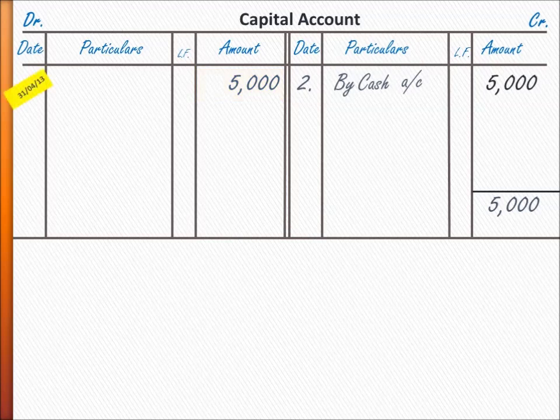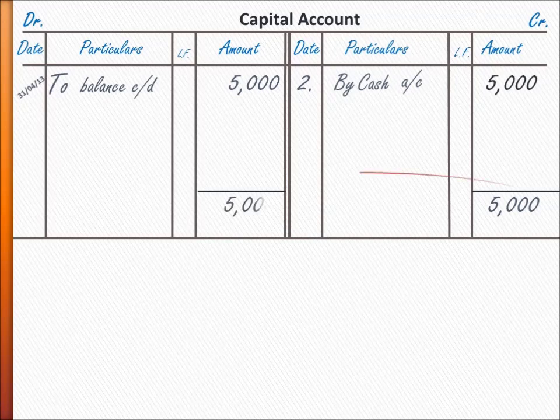So what will you write down? You have to start with 'To'. So 'To balance c/d', or you can write 'to closing balance'. But I will always use the words 'to balance c/d' or 'by balance c/d'. So you write down 5000. So what's the total on both sides? Rupees 5000. It means capital account has been balanced.